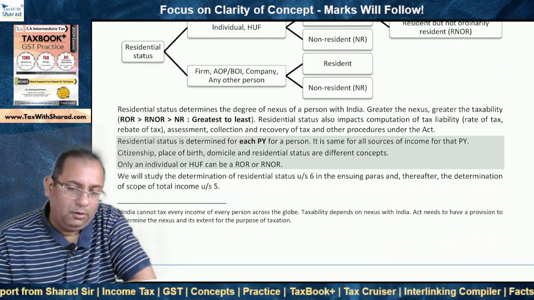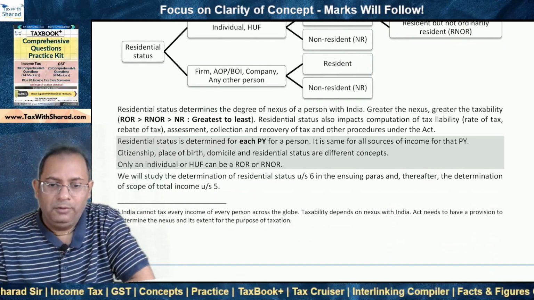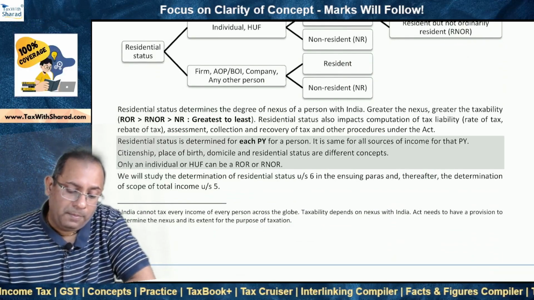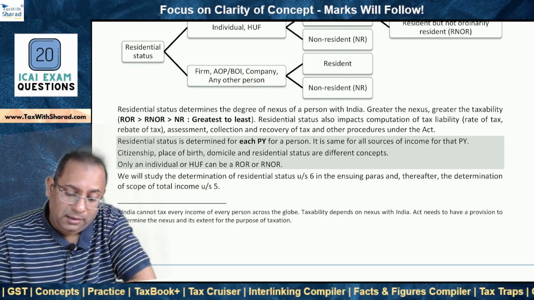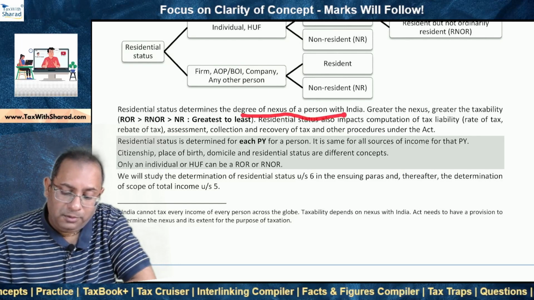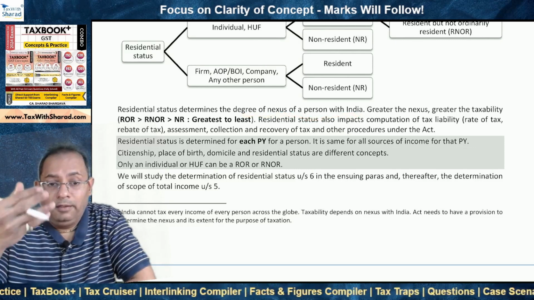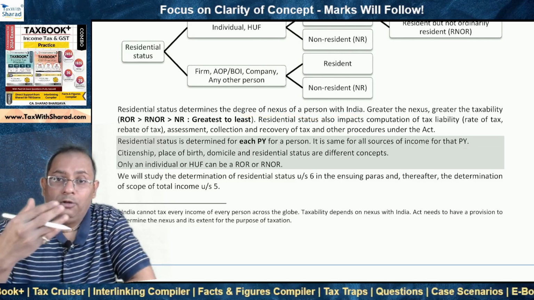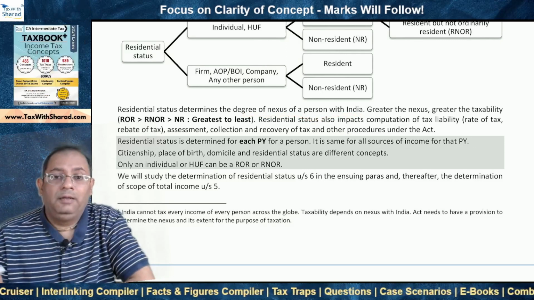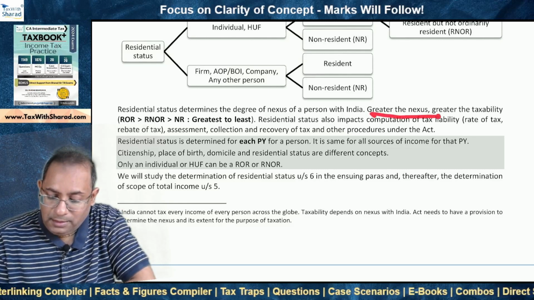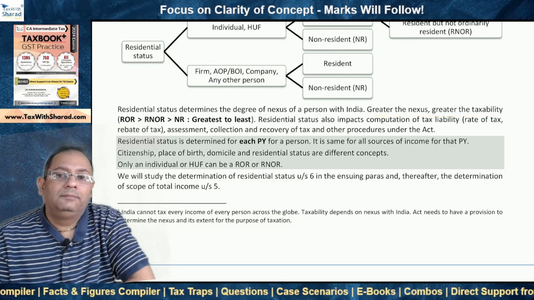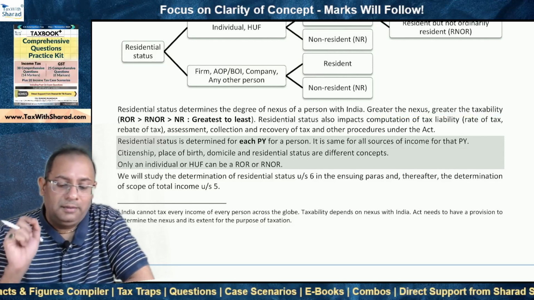Okay. Now there is one logic that you need to keep in mind, and this will help you in better understanding of this concept. Residential status determines the degree of nexus of a person with India, the degree of connection with India, the degree of economic connection or economic nexus with India. Greater the nexus, greater the taxability.